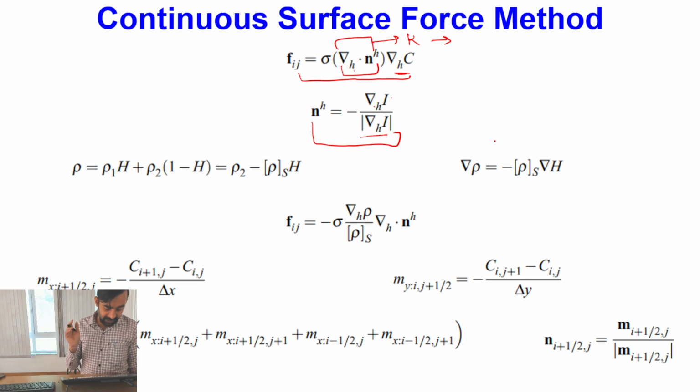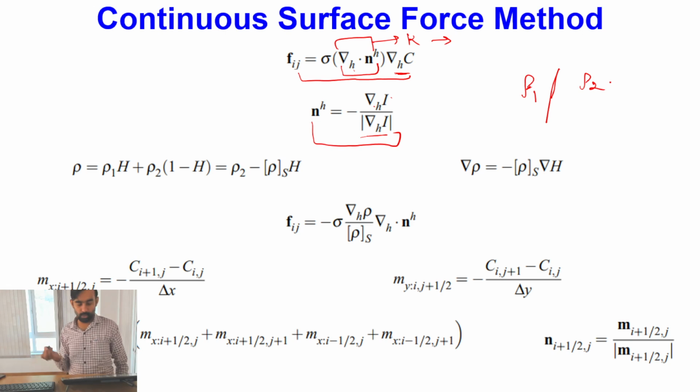Okay. In multi-phase flow situations, sometimes density can also be considered as a marker function. How? Let me explain. Above the interface the density of fluid will be rho 1, and after the interface the value of density will be rho 2. Typically the mixture density can be written as rho 1 into h plus rho 2 into 1 minus h.